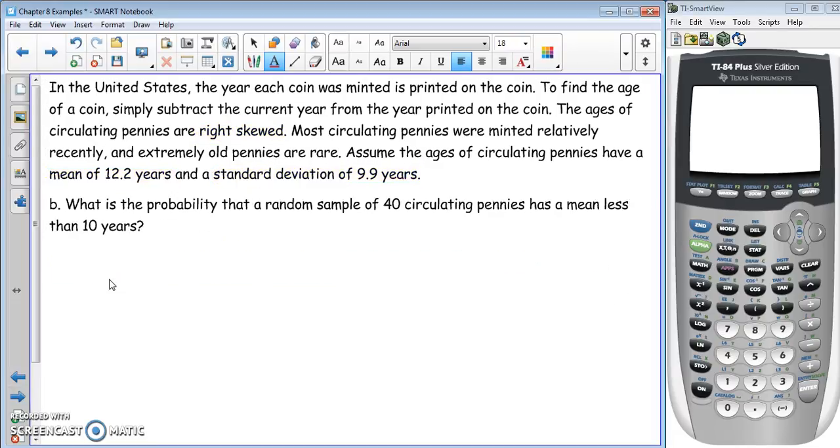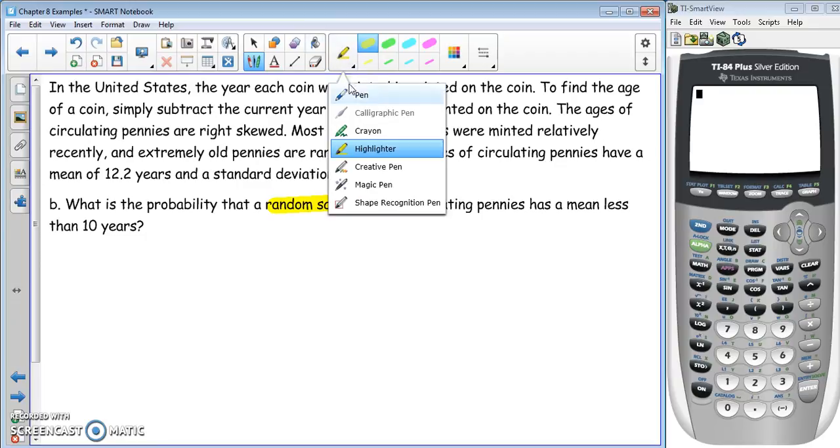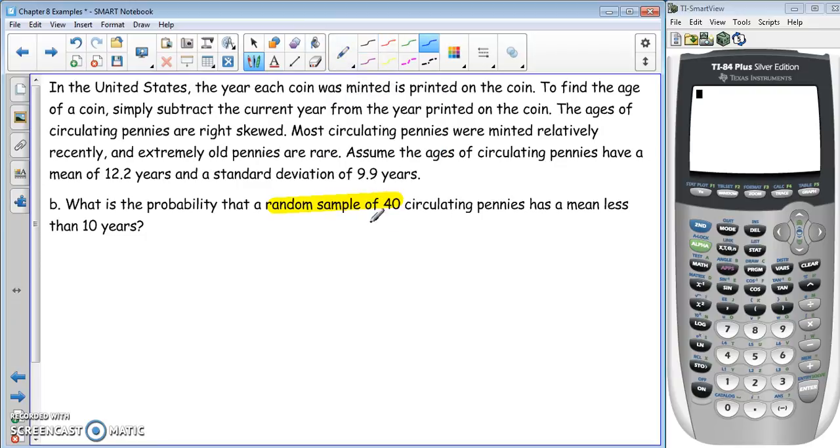The next question asks, what is the probability that a random sample of 40 circulating pennies has a mean less than 10 years? In this case, we have a sample of 40, so our sample size is larger than 30, and we're good. Remember that if the sample size is larger than 30, then we're okay, because the sampling distribution has a normal shape.